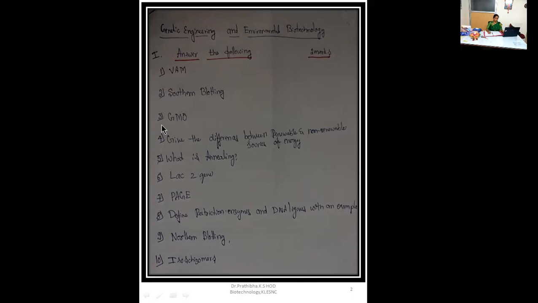Third question, GMO. You need to expand GMO and define it with an example. Fourth question, give the differences between renewable and non-renewable sources of energy. Here you can give 2 differences. Fifth question, what is annealing?